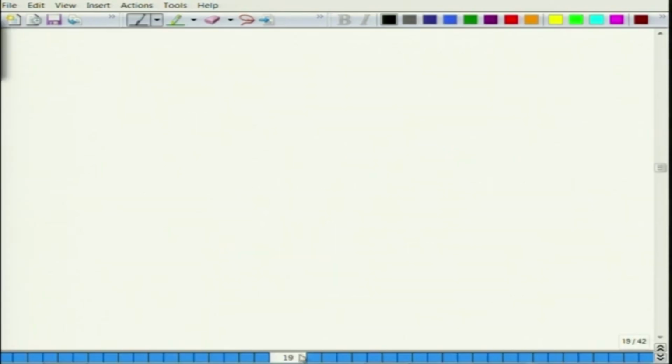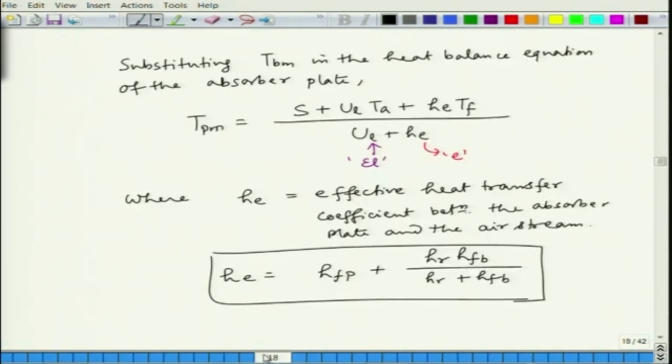Okay. Now, what you can write for the TPM minus TA. The TPM expression we have already written here, right. This is the expression for TPM.